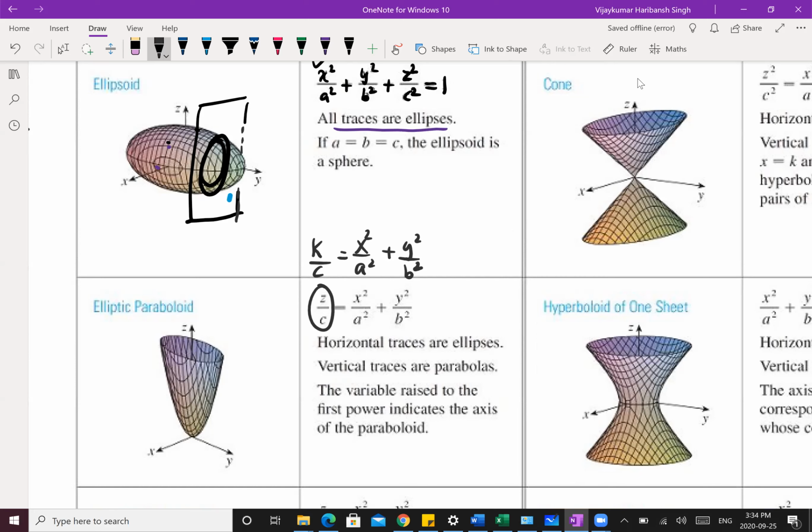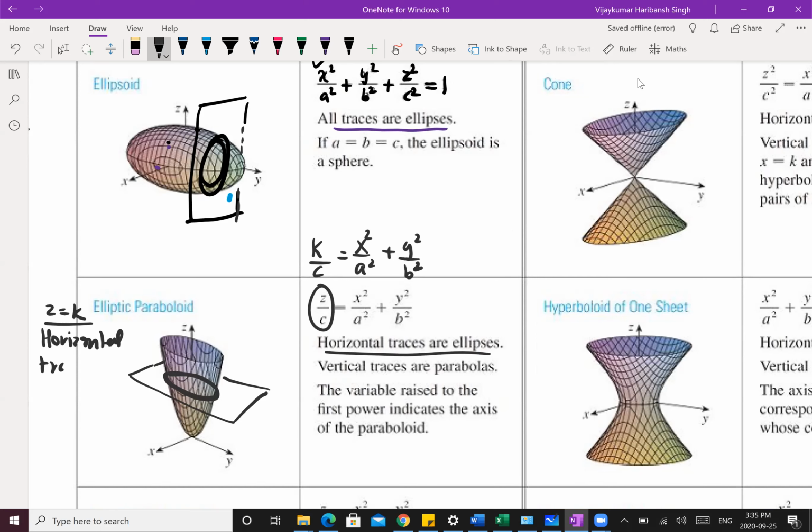Now that is an equation of an ellipse. So if you cut z equals k, we will get again an ellipse. So those are called horizontal traces. So z equals k is called a horizontal trace.